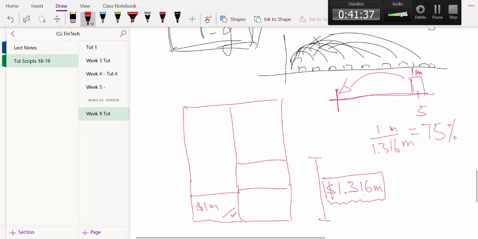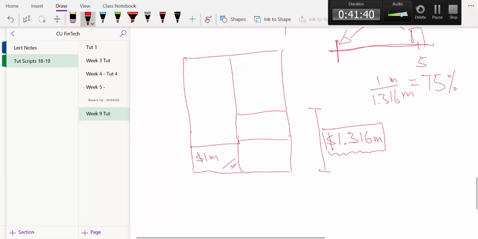so this 75%, there are two things going on here.